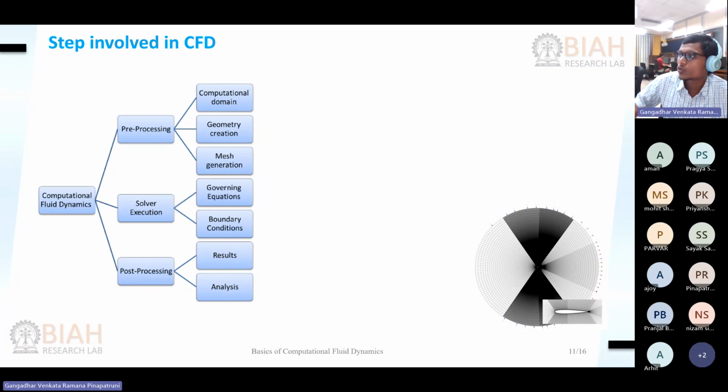Okay, how many of you understood the steps I explained so far? Especially the computational domain, the geometry creation, the mesh generation, and the governing equations or the boundary conditions. How many of you understood these things? Please raise your hand if you understood.